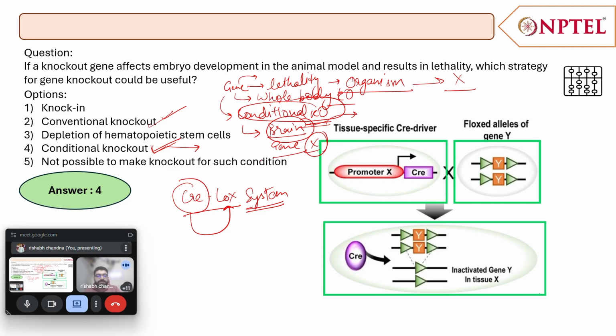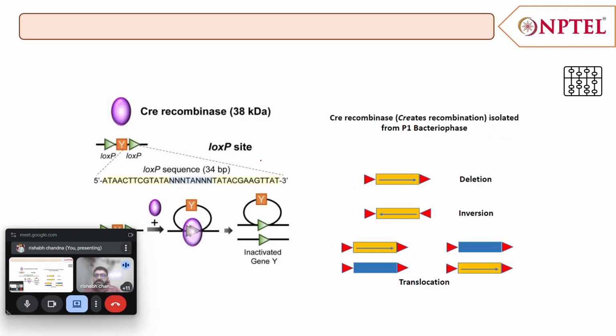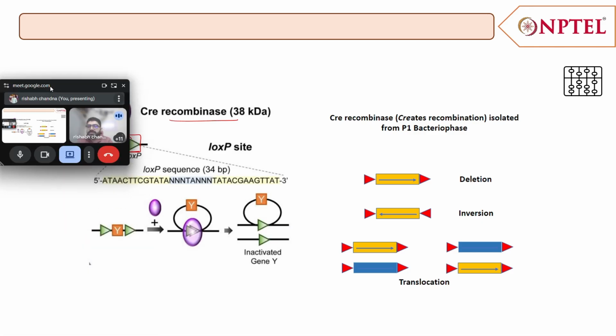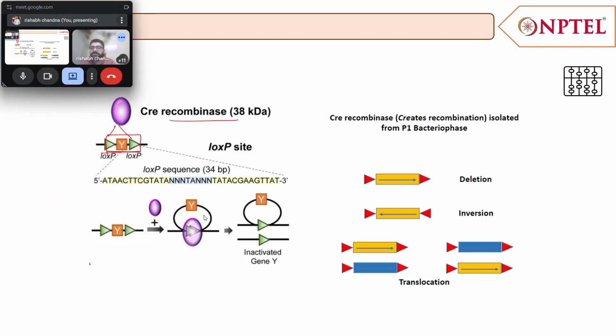So this is the basic example of the Cre-Lox system. Cre is a recombinase that recognizes these Lox sites, and it cleaves and removes anything that is in between those Lox sites. Okay, so this is the basic mechanism of how a Cre recombinase works.